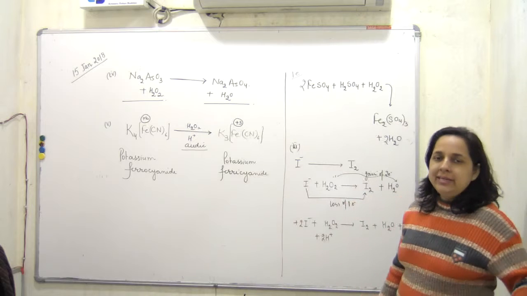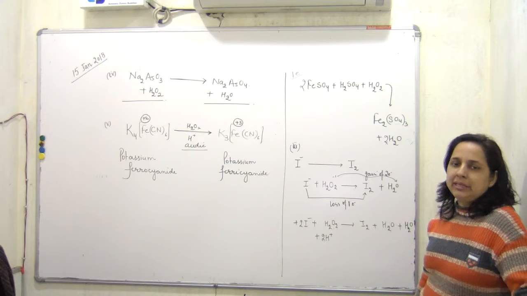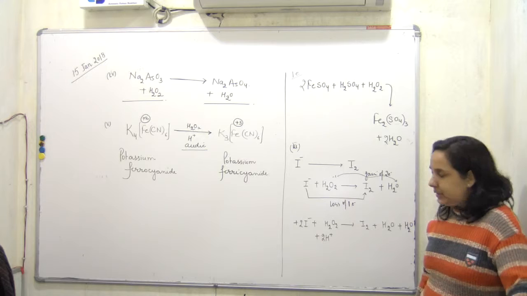So hydrogen peroxide can oxidize potassium ferrocyanide to potassium ferricyanide. Clear?